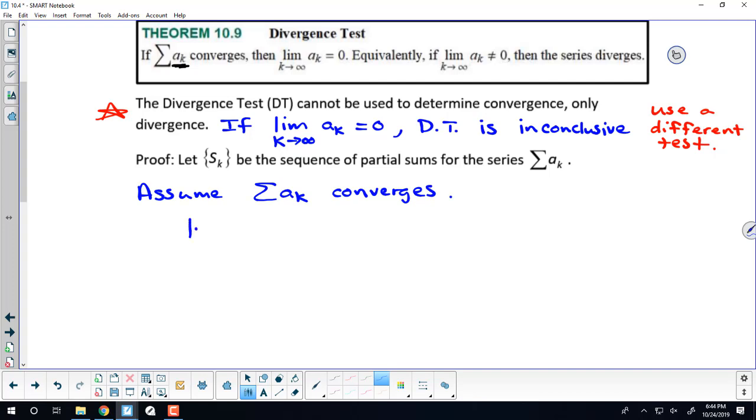Then what we have is that the limit as k approaches infinity of the kth partial sum is something, we'll just call it L or capital S or whatever.